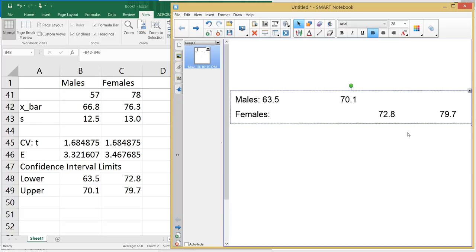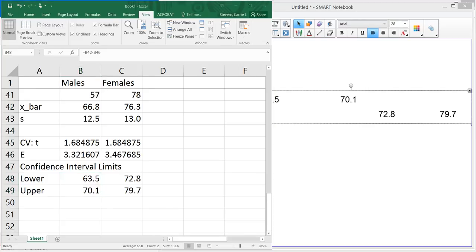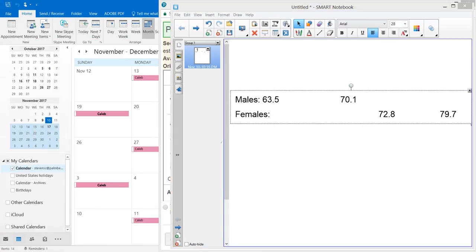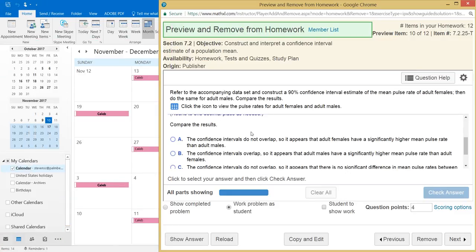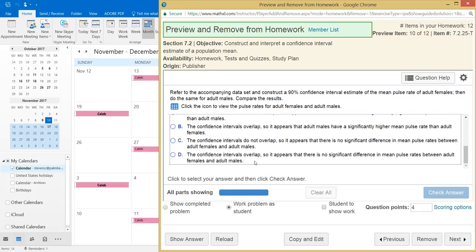Here we don't have overlap, which means that they are significantly different. So since there's no overlap, there is a significant difference according to this sample at least. According to this sample and these methods, there's some evidence to support the idea that possibly men and women have significantly different pulse rates.